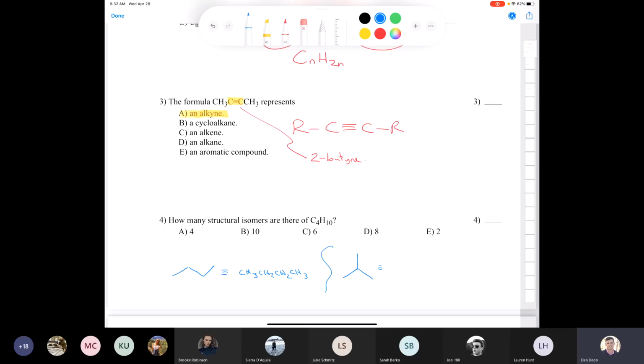We call that molecule isobutane, or you could call it 2-methylpropane, and that is where we have a methyl group, a CH3, attached to a CH, or a methine, and then 2 more methyl groups like that. So this molecule is called butane, and this molecule is called isobutane, or the IUPAC name would be 2-methylpropane.